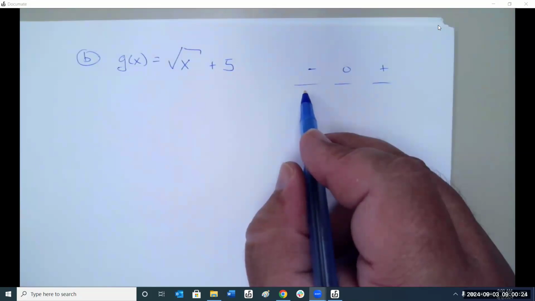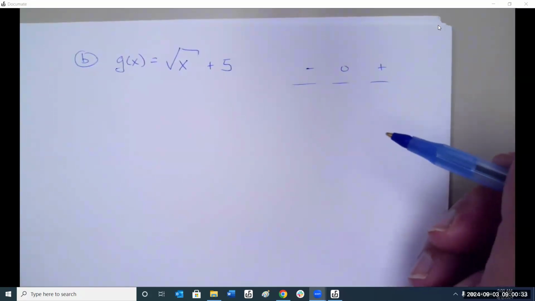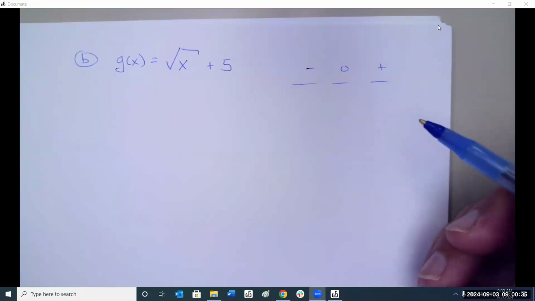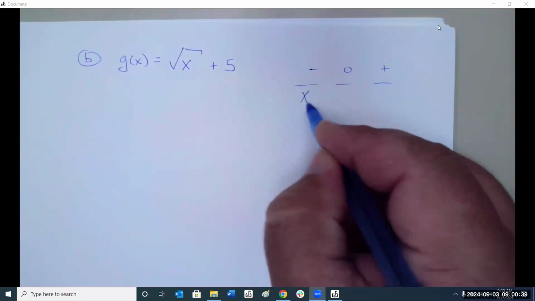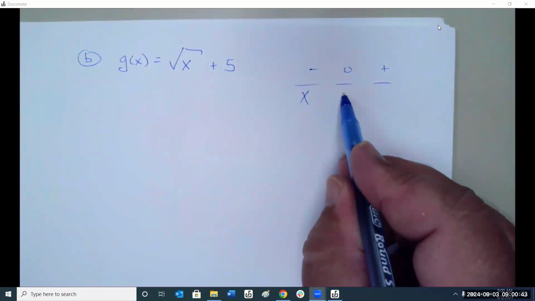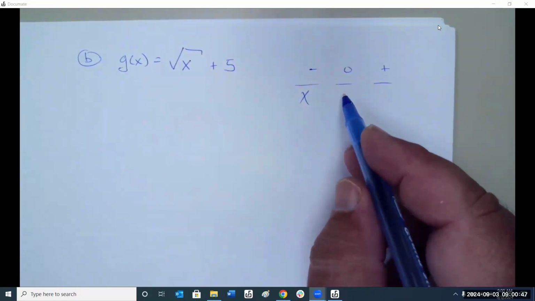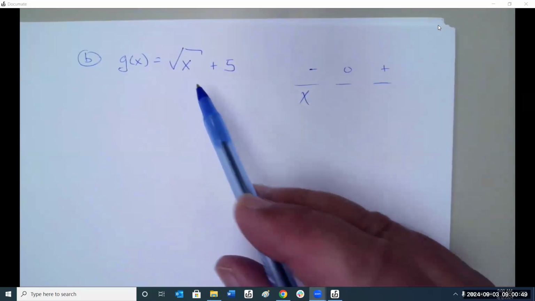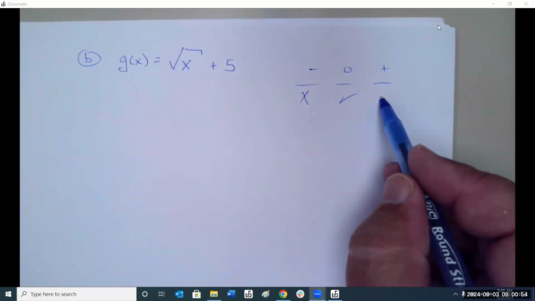Can you use negatives in this function? Why not? That's a good answer so far. Yes. I cannot use these, and I'll show you why in a second. How about 0? What's the square root of 0? I can use 0. How about positive numbers?